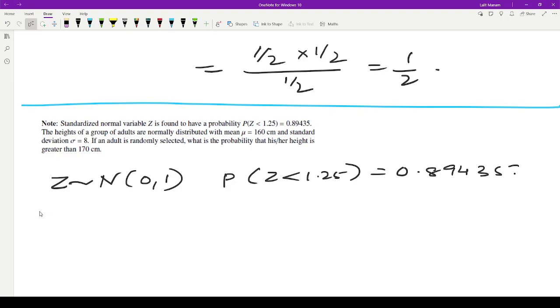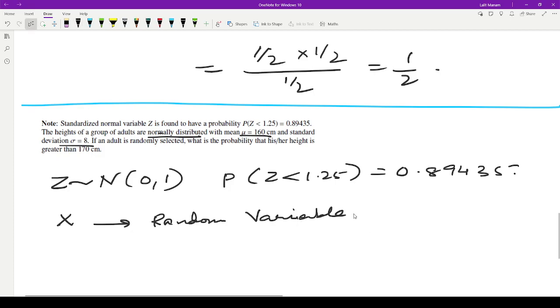Okay. Then we are given the heights of a group of adults, which is again normally distributed, but we are given the mean and the deviation. So let us call that random variable X. X is the random variable corresponding to the height.